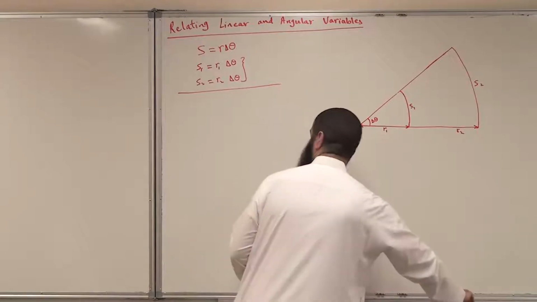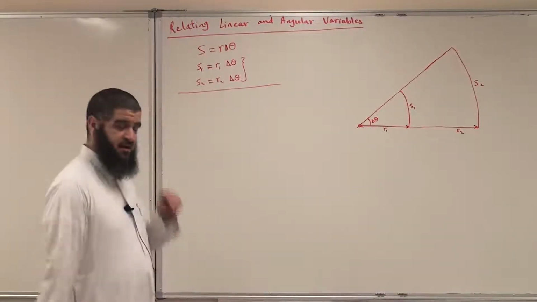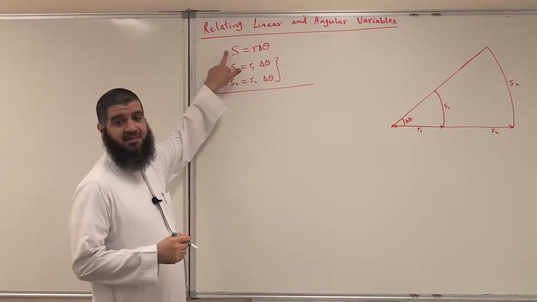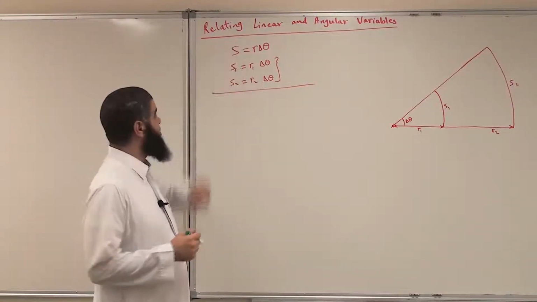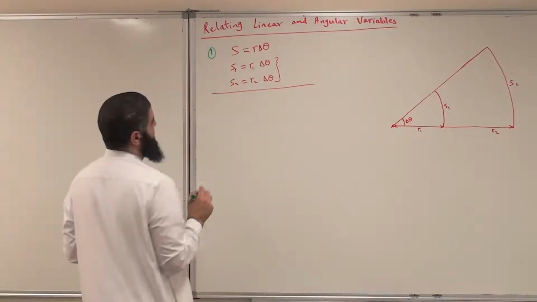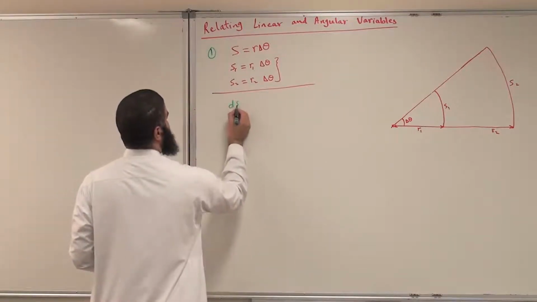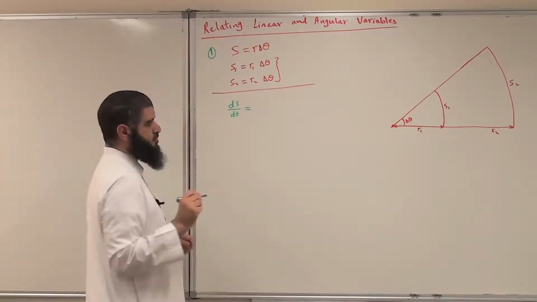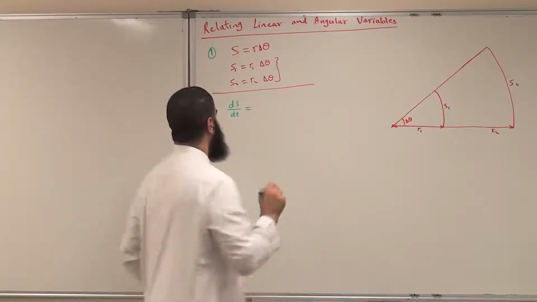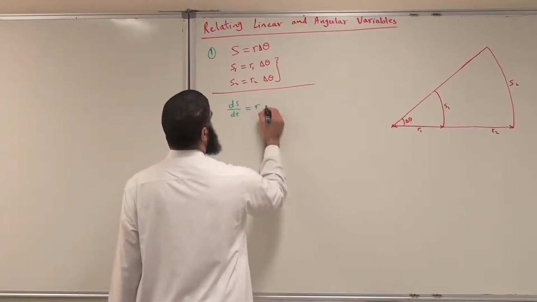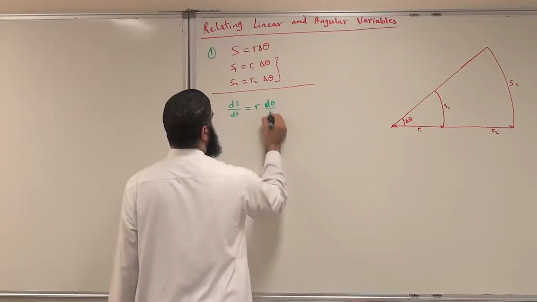As we have done before, and also shown in other examples, if we take the derivative of this equation number 1, then ds by dt equals R, which for certain points is the same, times d theta by dt.